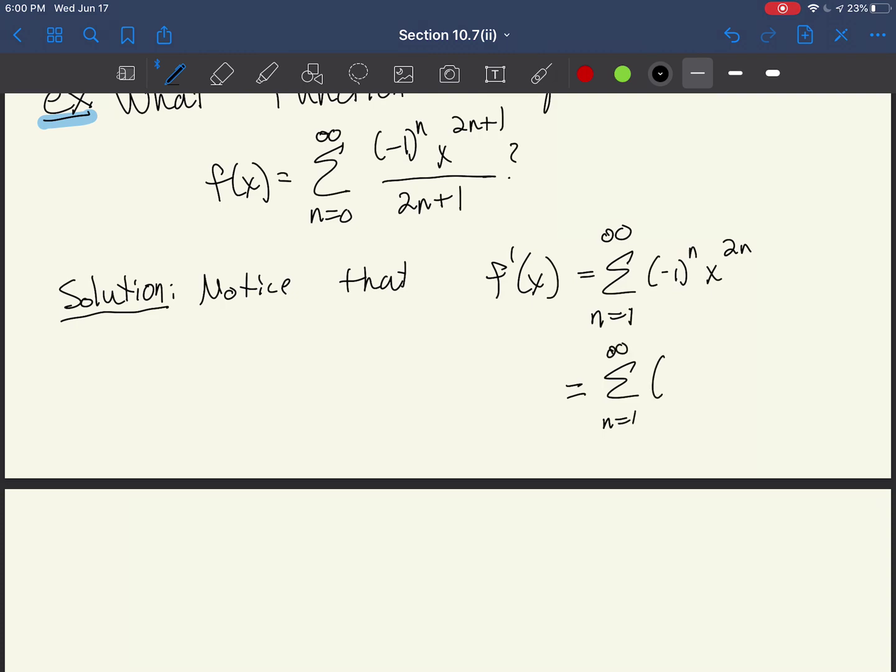But we can bring that negative 1 inside. This is the sum from n equals 1 to infinity of negative x squared to the n.